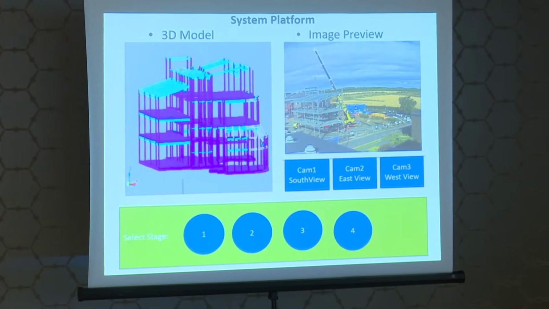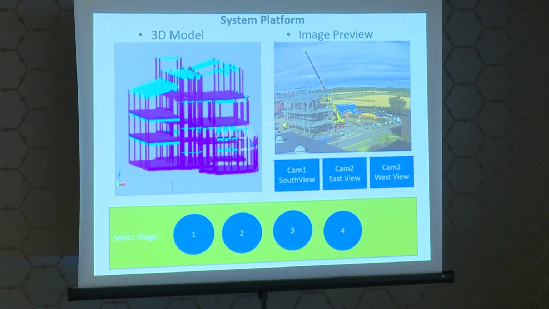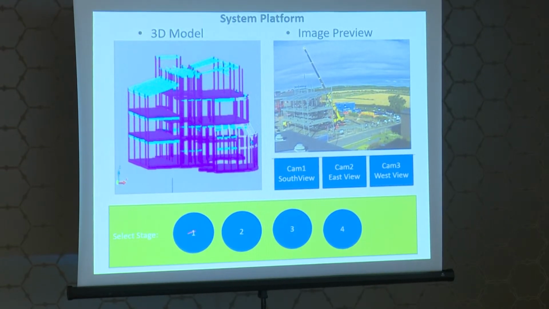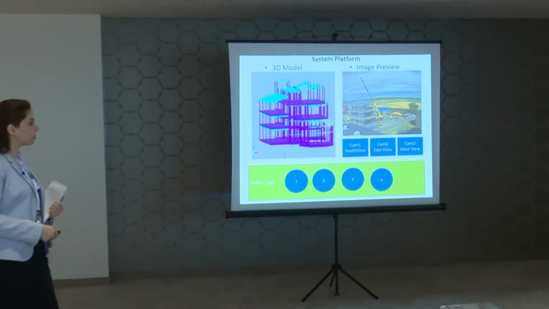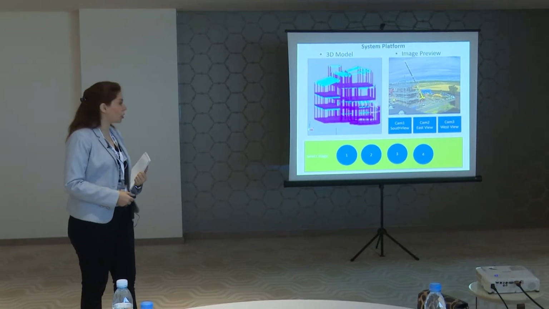This real photo will be compared to the 3D model, all compared to the BIM. Then the stage of the construction will be detected automatically, whether it is the first stage, foundation and preparation, or the second stage, third stage, and the fourth stage, which is the final finishing of the building.